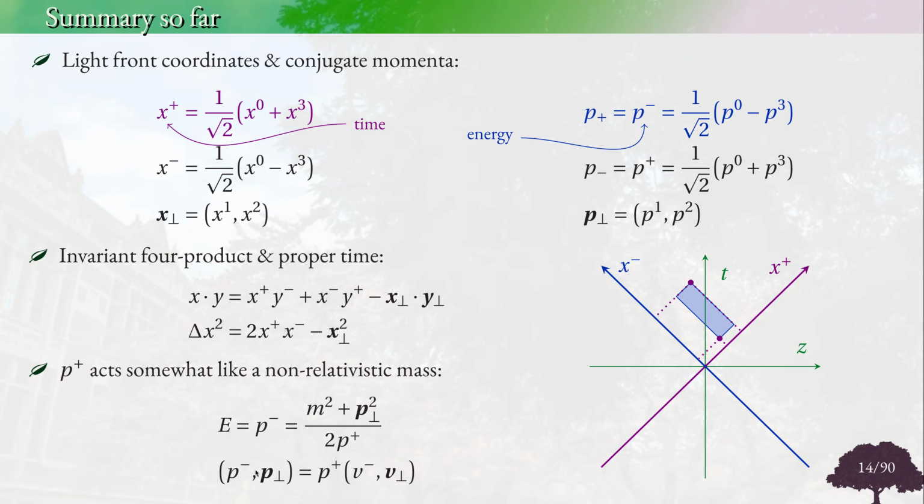We also have various non-relativistic like formulas, but with p plus appearing where the mass would in the non-relativistic formulas, including the energy momentum dispersion relation, but also we find that three components of the four momentum, p minus, which is the energy, and p perp, are proportional to the velocity in the minus and perpendicular directions, with p plus being the constant of proportionality.